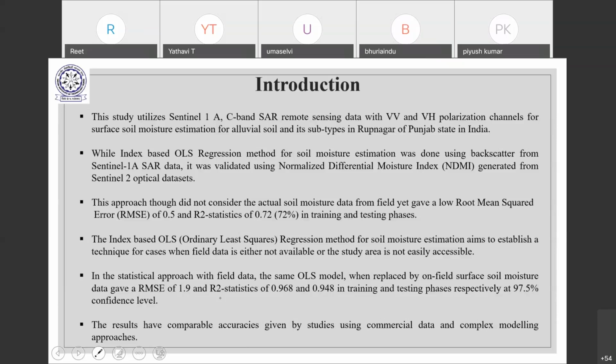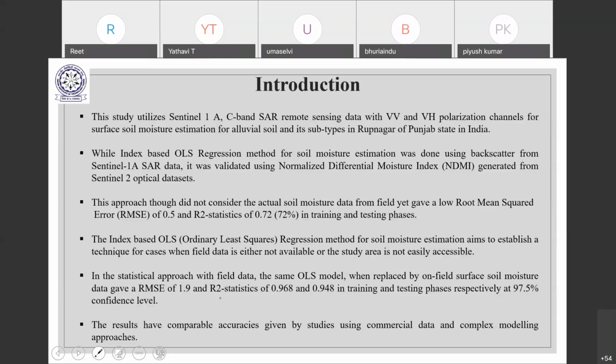But microwave data are having the capability of working in every type of season or every type of weather condition. So if we can use the microwave data with the same accuracy that we can use the optical data, then it is well enough to be used as an alternative.